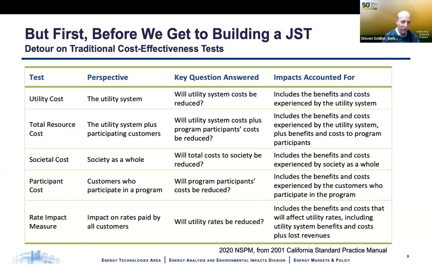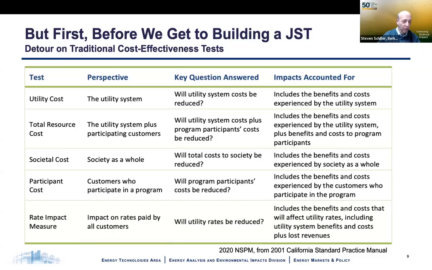There's a utility cost test, UCT, looks at the perspective from the utility; total resource cost test, utility perspective plus consumers; societal cost test, looking at society as a whole; participant, what do consumers, participants in the program get; and then the RIM test, rate impact measure test, looking at how this affects rates paid by all consumers. But what we're going to be talking about is a jurisdiction specific test.